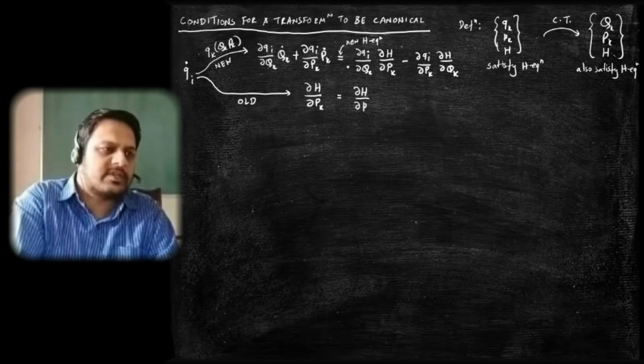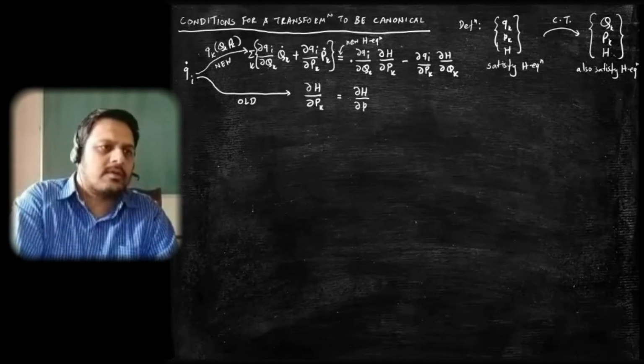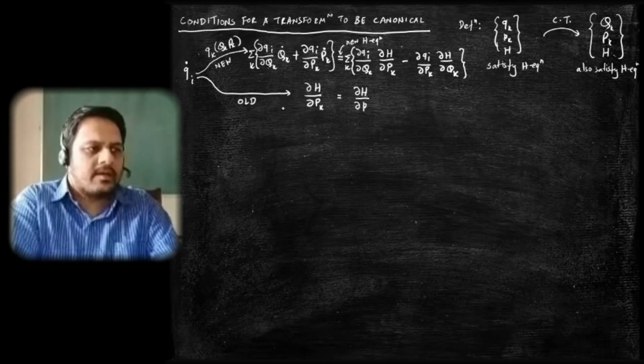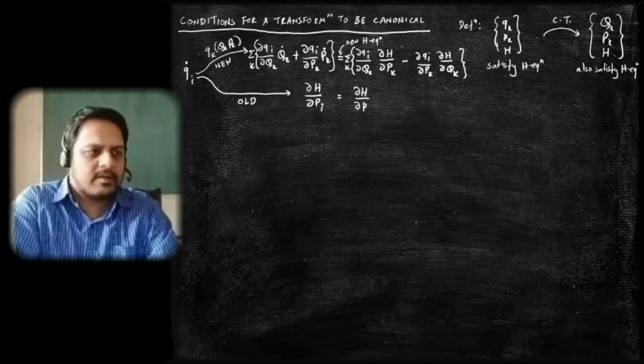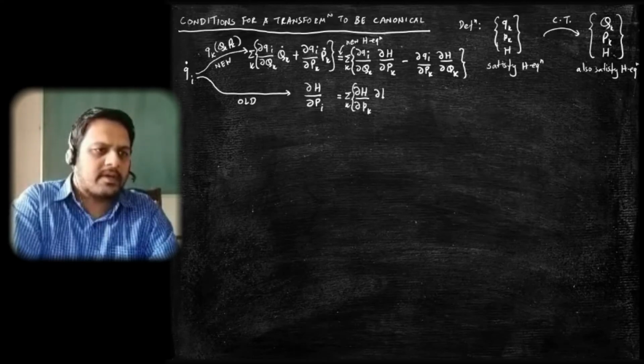Everywhere there is a summation over k, just for your reference, since we have not introduced the summation convention anywhere explicitly, let us not go into that. Basically, this will become ∂H/∂pi, which is the summation over k of ∂H/∂pk into ∂pk/∂pi.